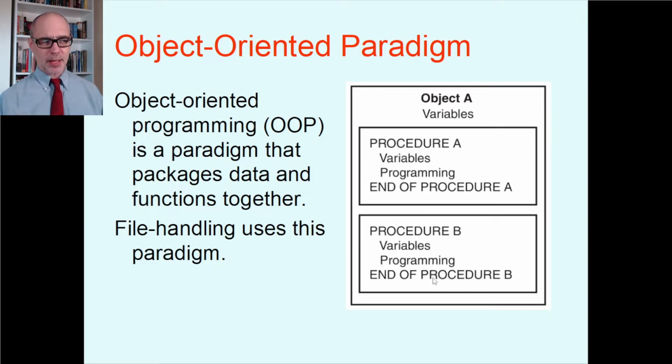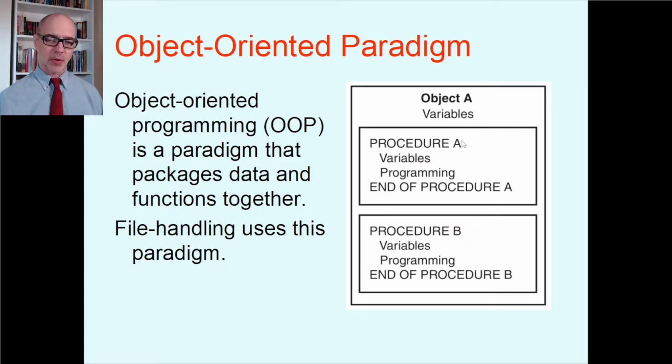So that's the basic idea of an object: it's packaging a bunch of variables together with a bunch of functions to represent one single thing in the world. And just as a little teaser, for our file handling process, an object that represents a single file has some variables for where the file is on the hard drive, how big it is, and how much you've read into it so far, like how many pages into it you've read, basically.